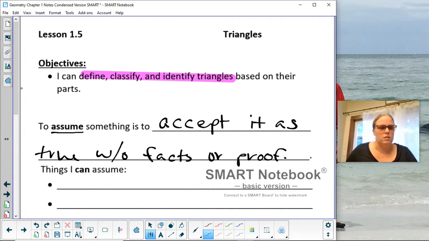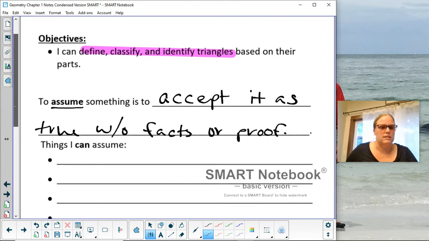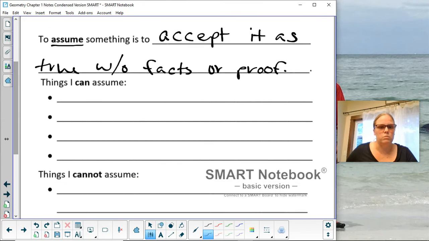So there's some pretty standard things that we are going to say or assume to be true, because otherwise we'd have to always come up with proofs and facts that these things are in fact concrete or correct in our definitions. So the first thing for geometry is that when you draw a line, it is going to be straight.